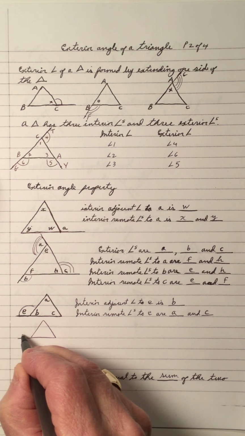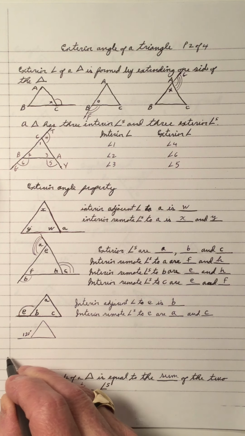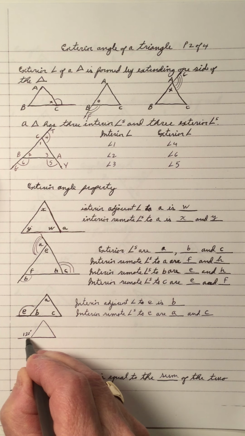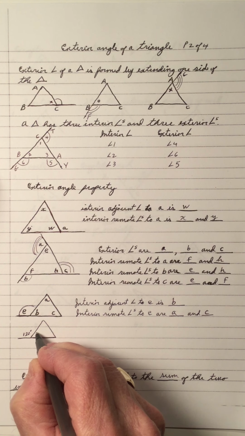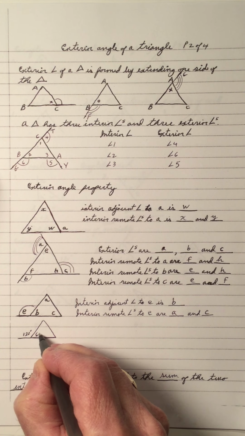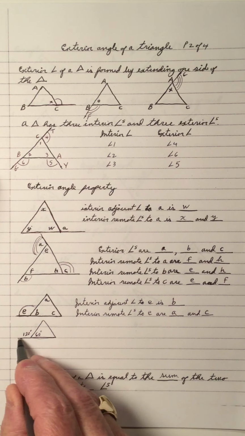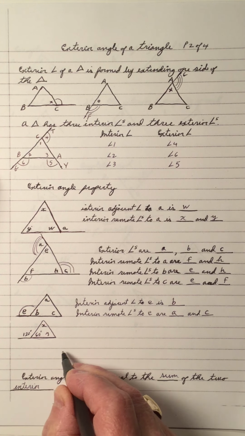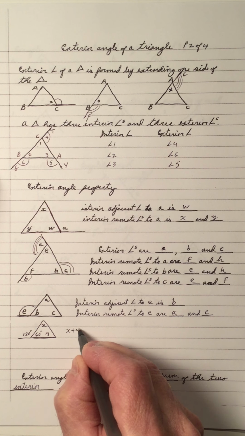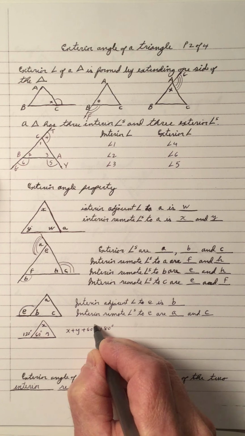So let's say this angle here is 120 degrees. That's the exterior angle. It's formed by extending this side out. That means this angle is 60. So if these two angles are 180 because it's a straight line, and I put an X and a Y there, we know that X plus Y plus 60 is equal to 180 degrees.